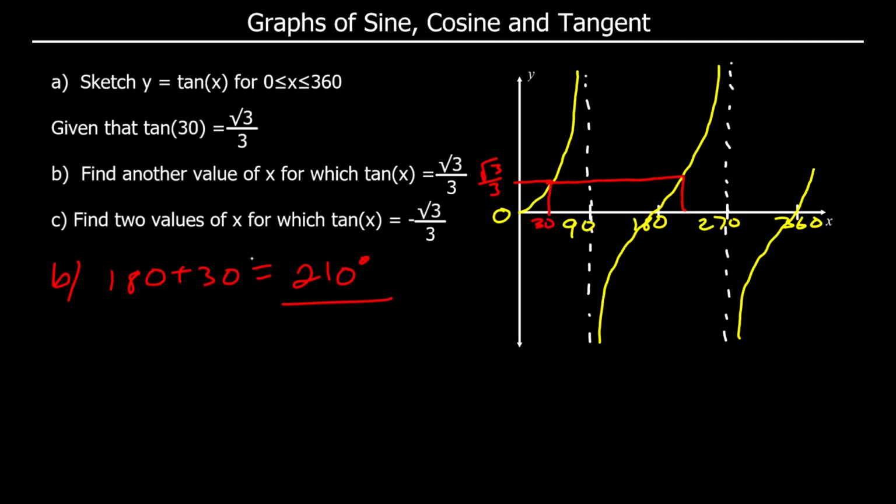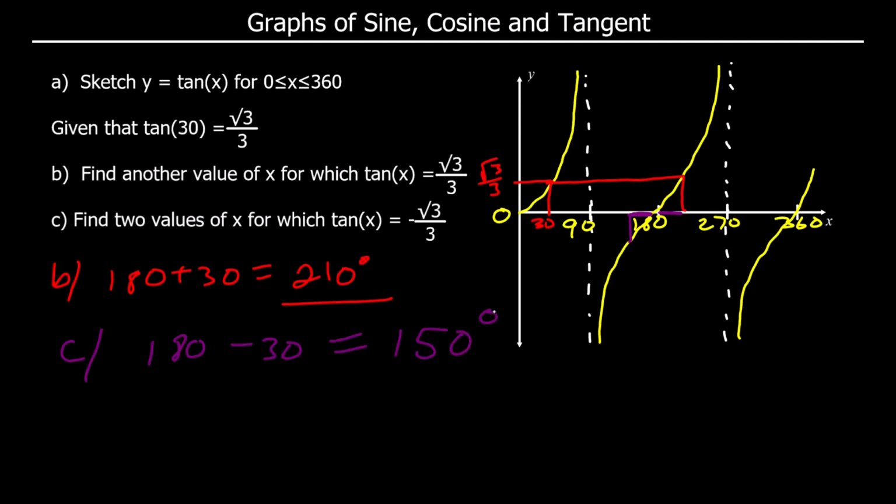Find two values of x for which tan x equals negative root 3 over 3. So again, this gap here, which was 30, will be the same as this gap here. So instead of 180 plus 30, 180 minus 30 is 150 degrees.